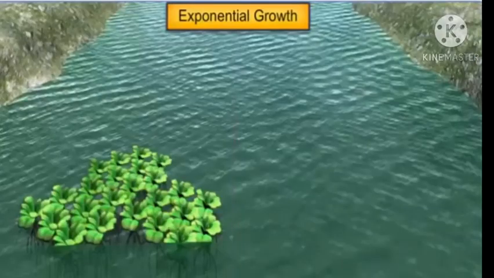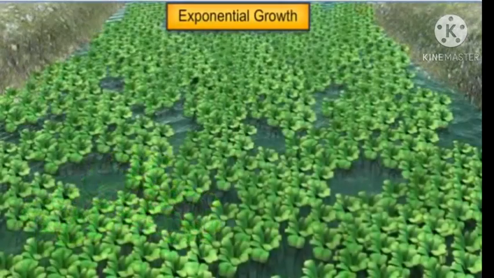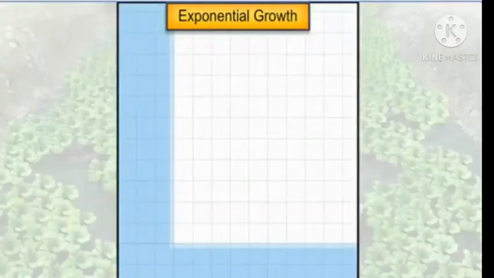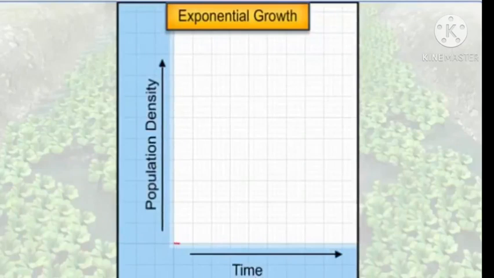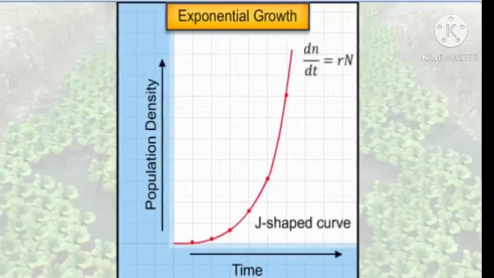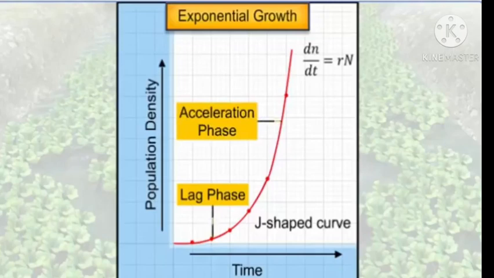Now, to determine the population growth pattern of the pistia plant, we plot various readings of population density against time. On plotting the readings, you will notice a J-shaped curve which shows two phases, a lag phase followed by an acceleration phase.